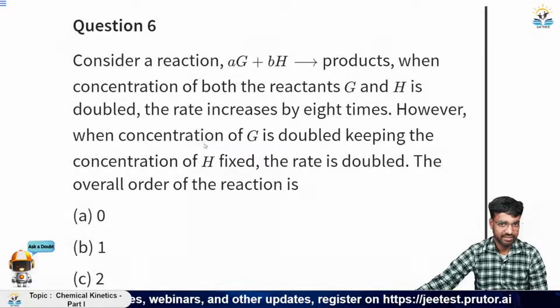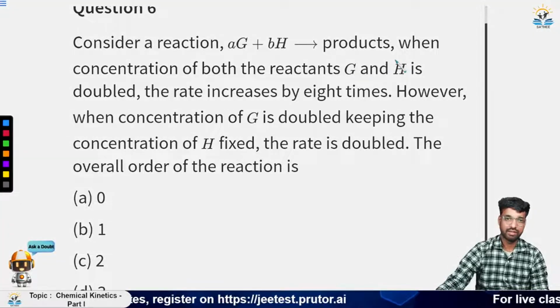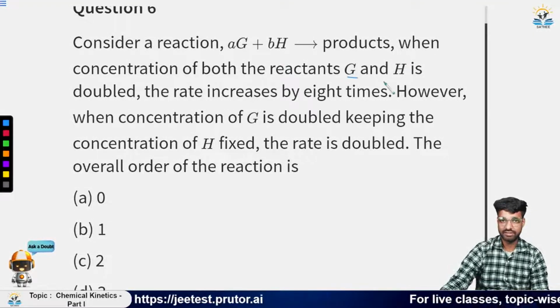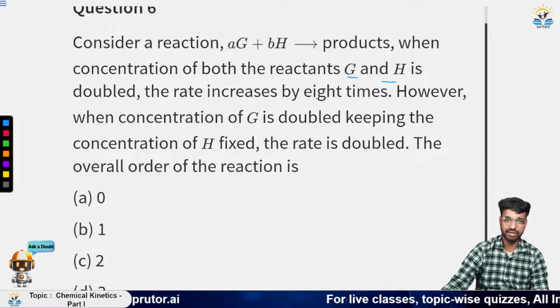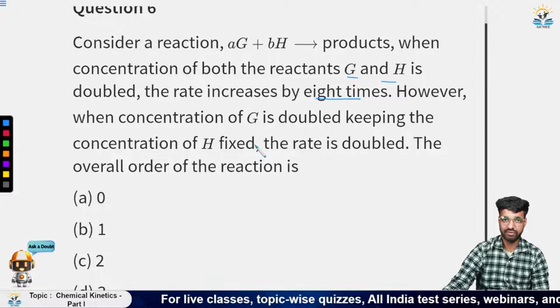So say we have a reaction here that is going, AH plus BG is equal to product, and it is given that when the concentration of both the reactants G and H is doubled, the rate is increased by 8 times. However, we will write the statements one by one very well.